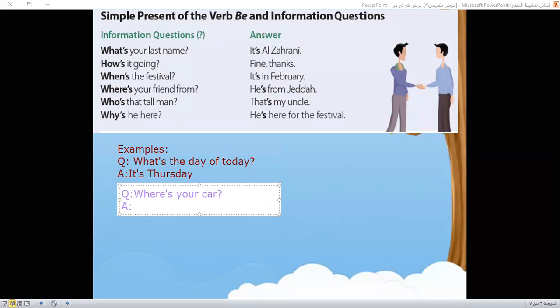And the answer could be, it's in the parking lot. Easy? Okay, can you take a screenshot in order to write that in your notebook?